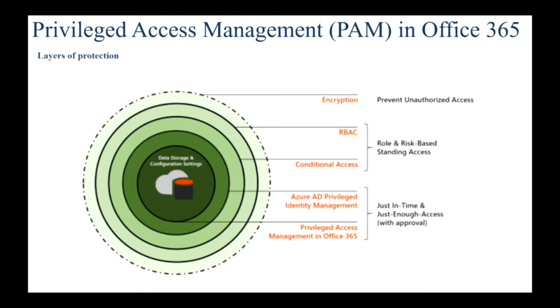Enabling privileged access management helps build on the protection provided with native encryption of Office 365 data and the role-based access control security model of the Office 365 services. When used in conjunction with Azure AD Privileged Identity Management, these two features provide access control with just-in-time access at different scopes.